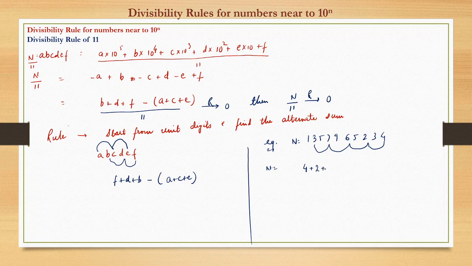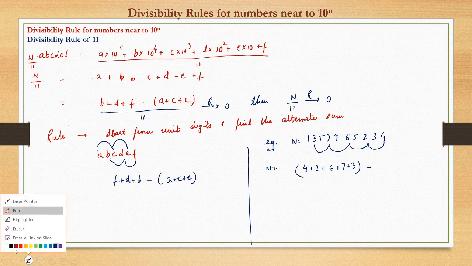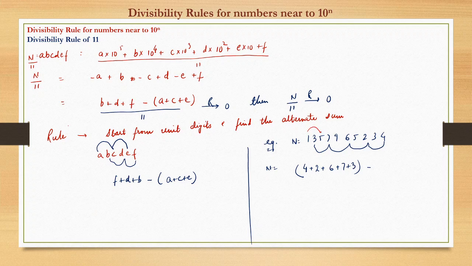So it becomes 4 plus 2 plus 6 plus 7 plus 3 minus the other numbers, 1 plus 5 plus 9 plus 5 plus 3. So what is this?